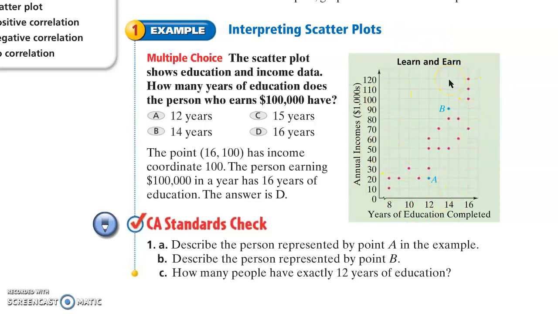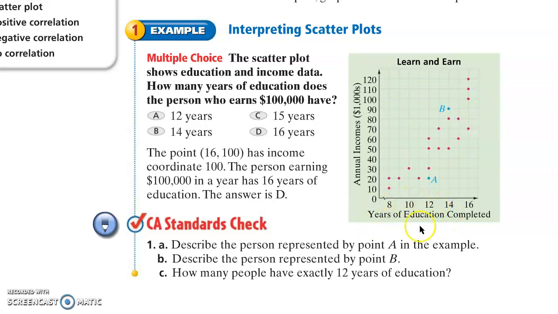So first thing I want to tell you is that every good graph has to have the axes labeled. We have to know what these mean. Down here, these numbers 8, 10, 12, 14, 16, these represent the years of education completed. How do I know that? Because they labeled it. These dots would mean nothing unless they told us what these axes mean.